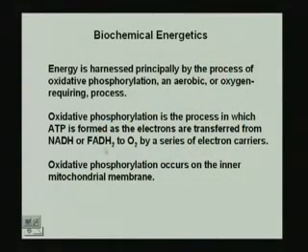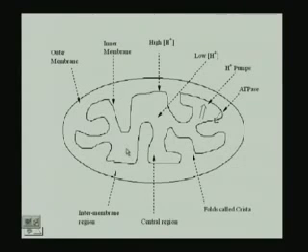So, we are going to look at oxidative phosphorylation, which is the process by which ATP is formed as the electrons are transferred from NADH or FADH2 to oxygen by a series of electron carriers, and this occurs in the inner mitochondrial membrane.